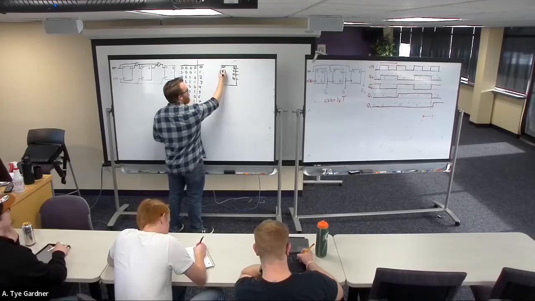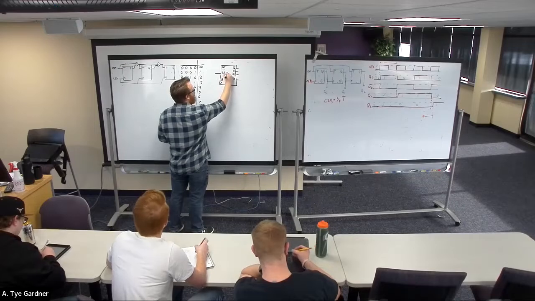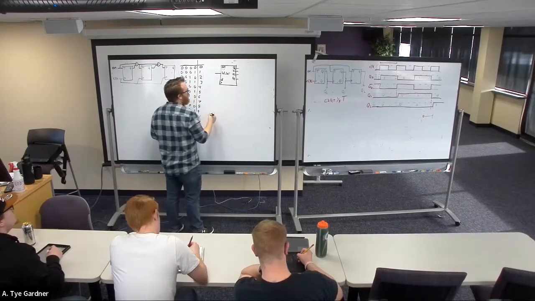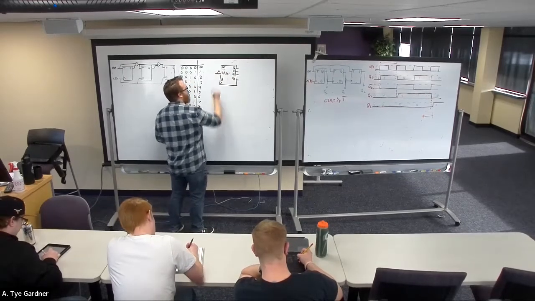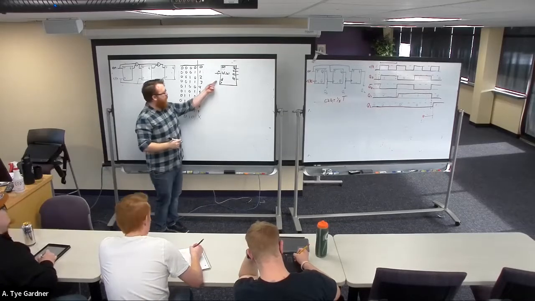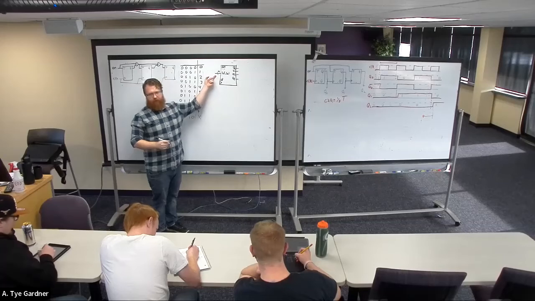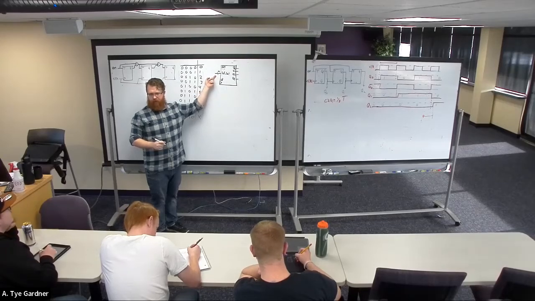And then I also want something called load val, which is going to be a 4-bit number. If I say 1 here on the load signal, I'm going to pull in whatever value is at this pin.